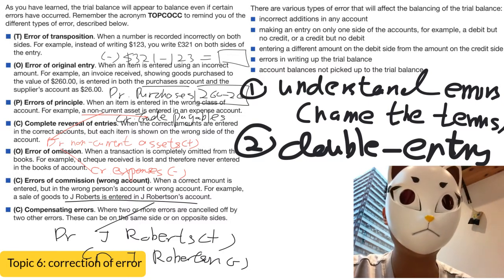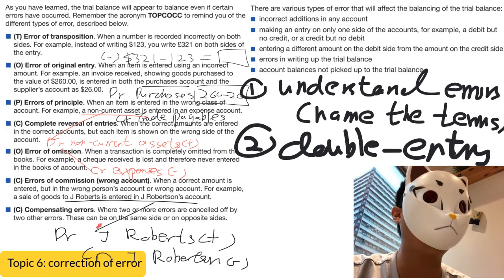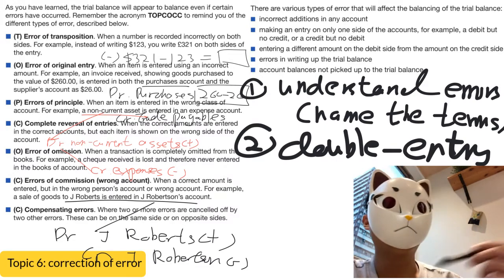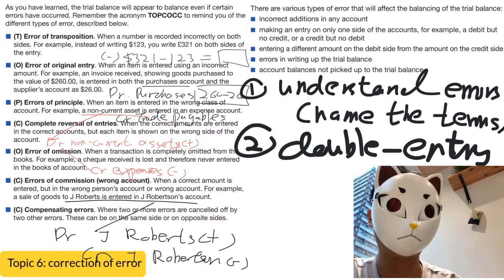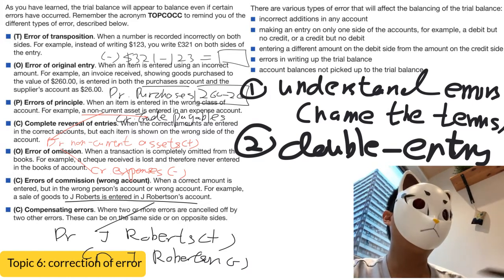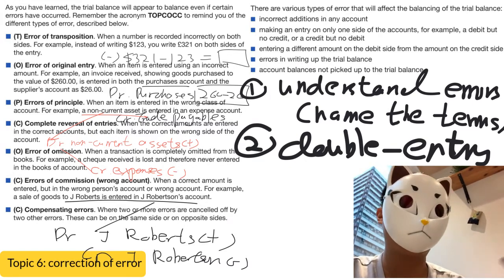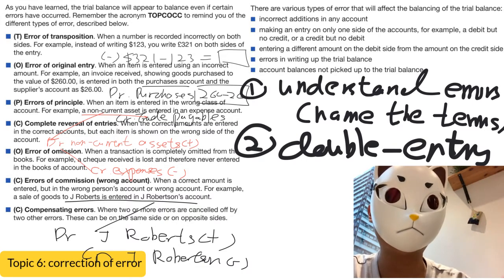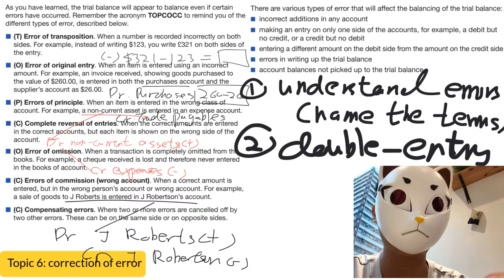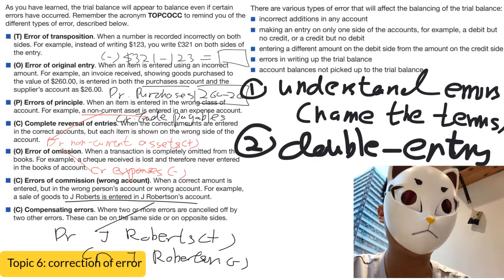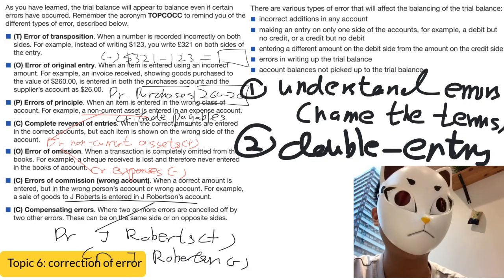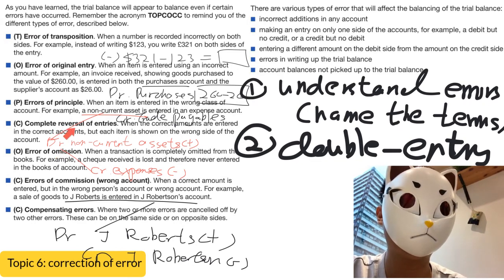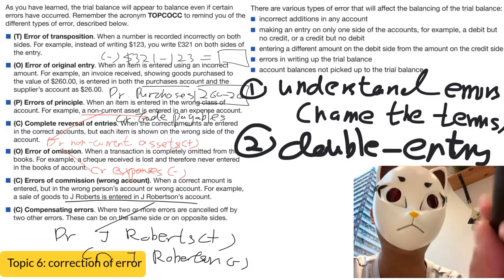This one, compensating errors. That means there are a lot of errors, but they can be cancelled out, like sales and purchases. But still, you have to do correcting entries. There are some easy items like errors of omission, then you just need to do it. For error of complete reversal, you just reverse back.